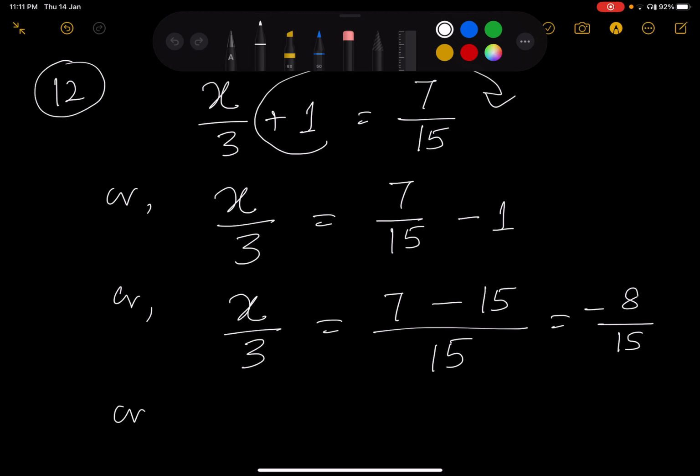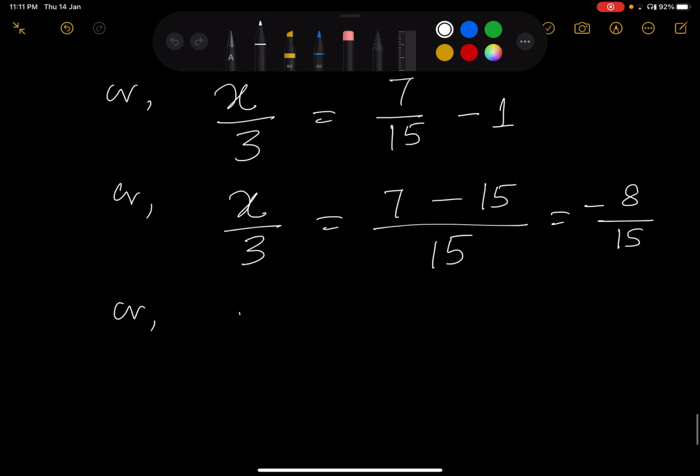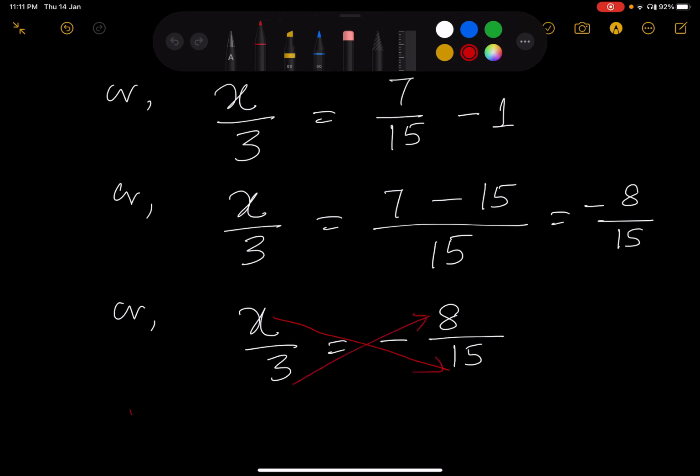Now you can cross multiply, that is x into 15 and 3 into minus 8, or we can write 15 into x is equal to minus 8 into 3.